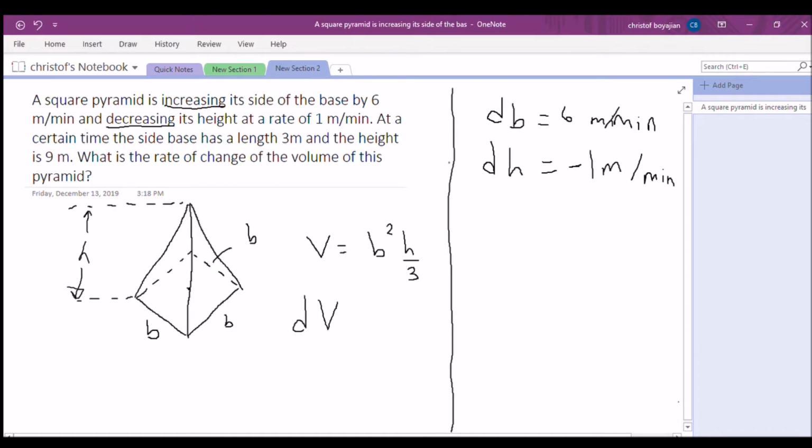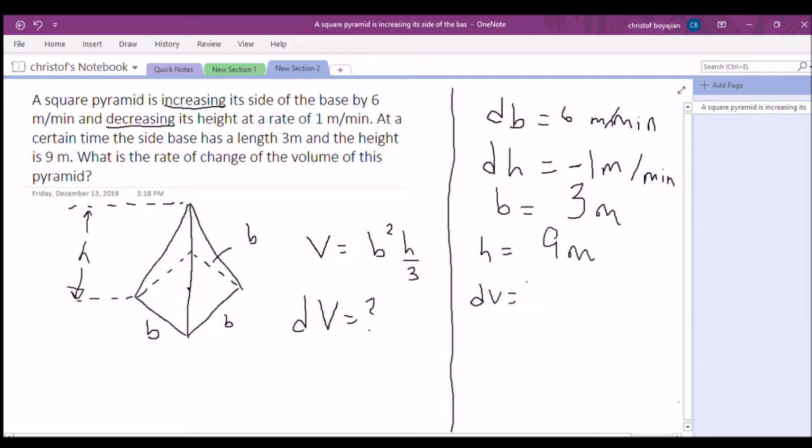So we have dB and dH given to us. Now at a certain instant, the side of the base has a length of 3 meters. So our base is going to be 3 meters and our height is going to be 9 meters. All right. Now we want to know what dV is. We don't know what that is, and I'll write that here too.